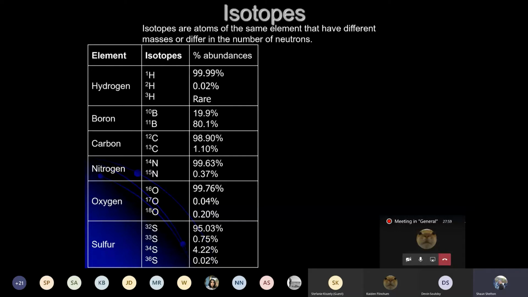So what I'm going to show you right now is how we go about solving for the mass number that you see on the periodic table. And so we're going to use the values that we find in this table.